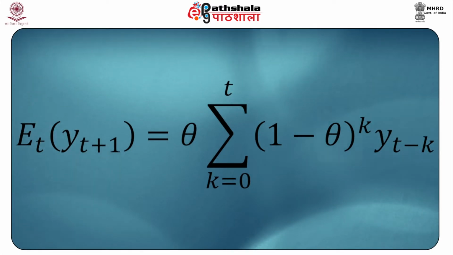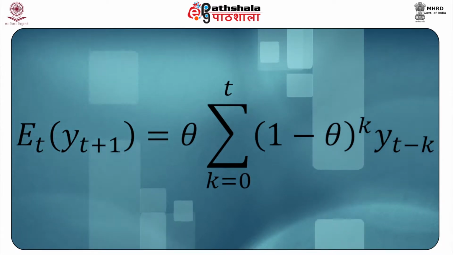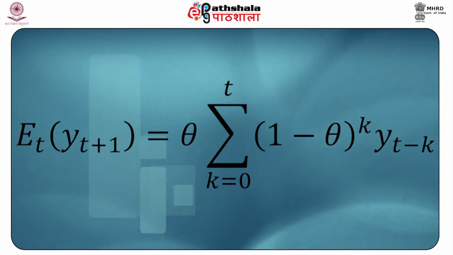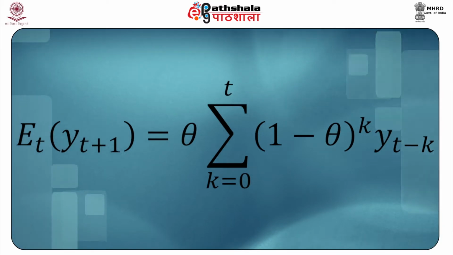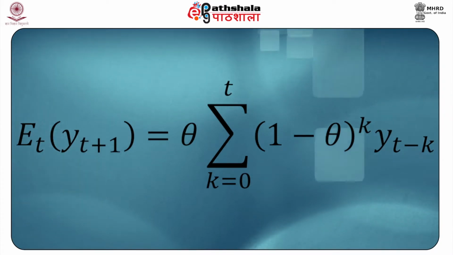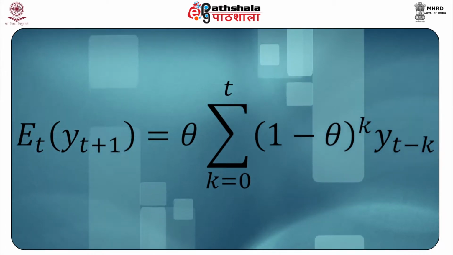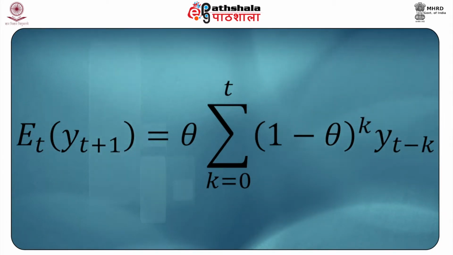The error adjustment mechanism can be applied to all previous periods so that the current expectations equal Et(yt+1) = theta yt + (1 - theta) Et-1(yt).